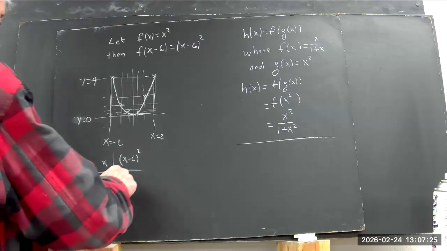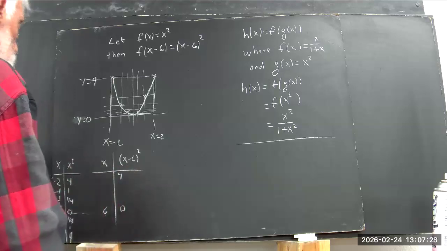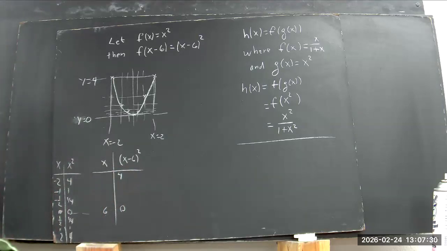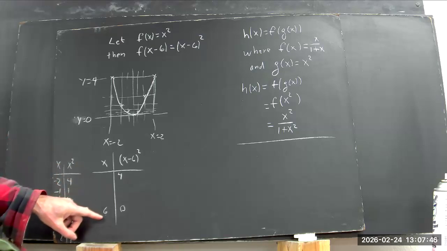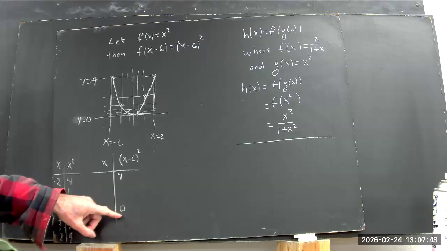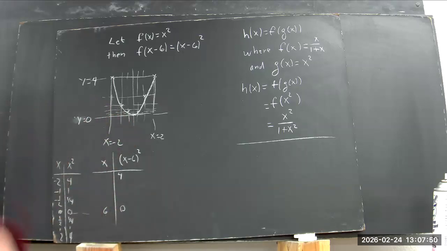Now, I want to get 4 here. What number could I put in to get 4? Well, I'm not going to make you think because we're real short on time, but look, here I am at 0, which gives me 0 when I do x squared. It's 6 that gives me 0 when I do x minus 6 squared. If I move from 0 to negative 2, I'm going to get 4, right?